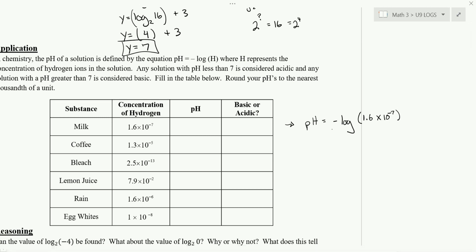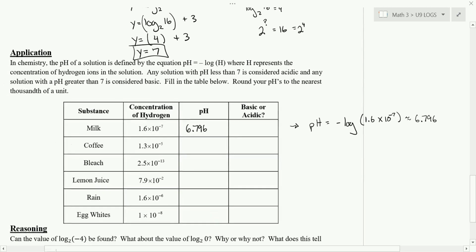And then change the sign because it's a negative log, and I end up with roughly 6.796. And it says any solution with a pH less than 7 is considered acidic, so this would be considered acidic.